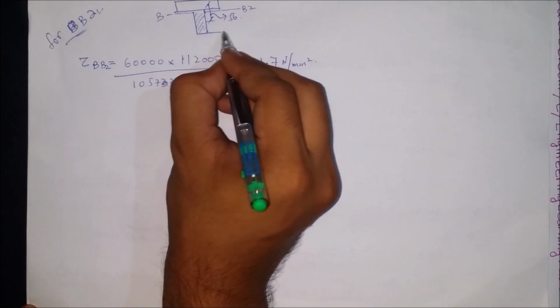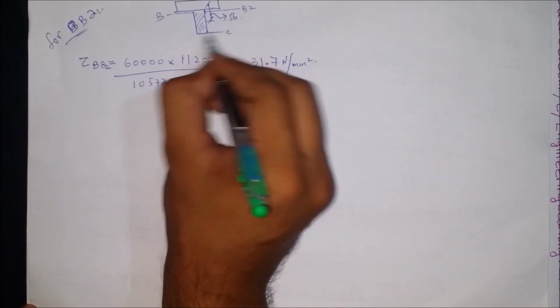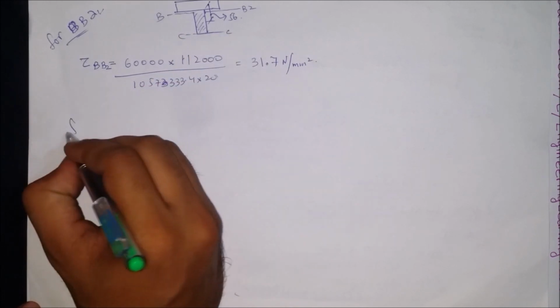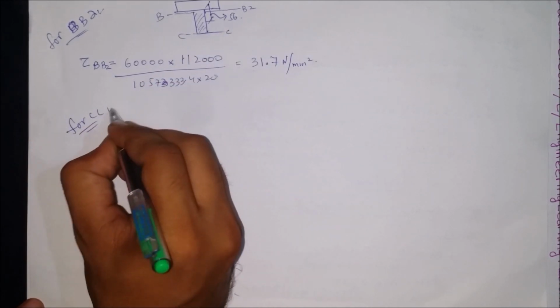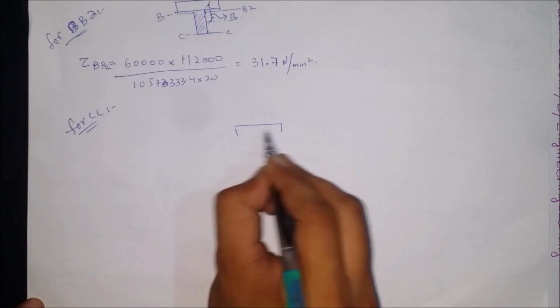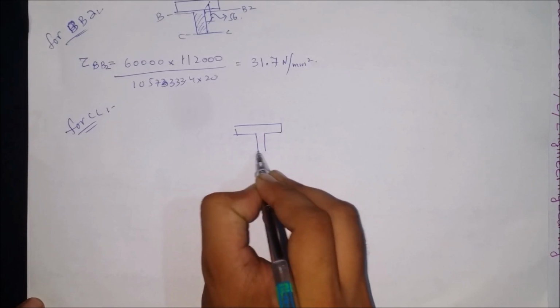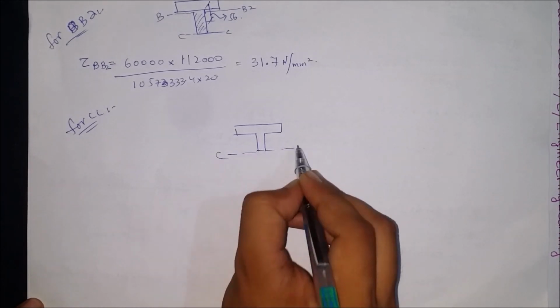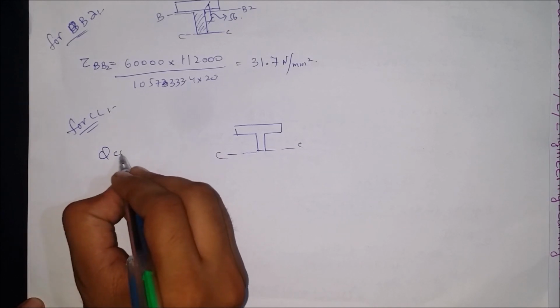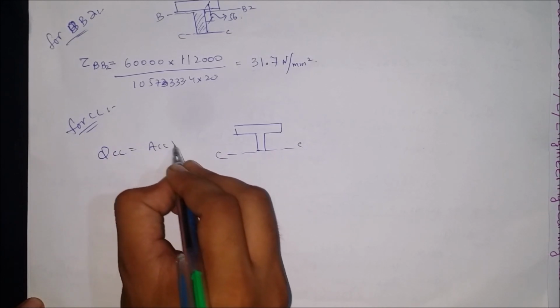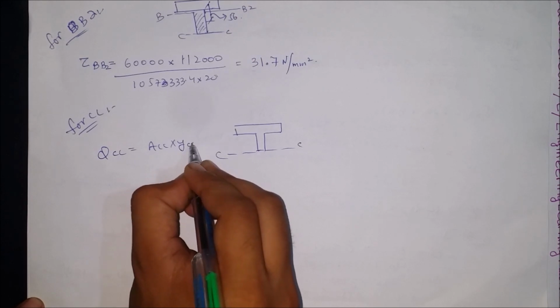Now, finding out at the last fiber, let's call this fiber CC. Q is area CC into the lever arm CC.